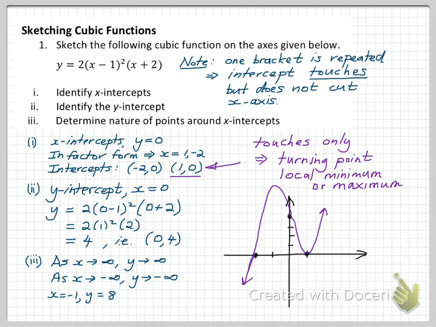Well, what you can do is substitute x equals 1000 and just put that value into the equation, and you'll realize you're going to get a positive value for y, so y becomes extremely large. And we can also do the same, put in -1000 to see what happens when x goes to negative infinity, and we see that y will also go to negative infinity.